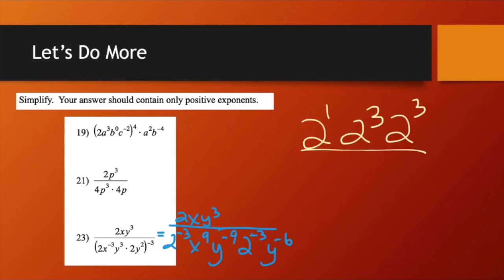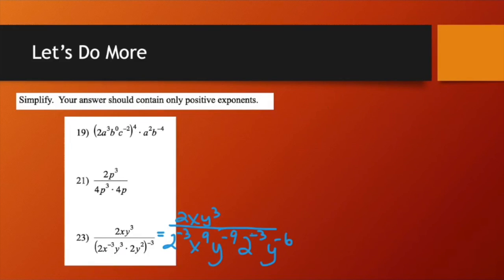So we'll have a total of 3 plus 3 plus 1, a total of 2 to the 7th. Now, this x right here is just going to stay. For right now, we're keeping the x to the 9 on the bottom.